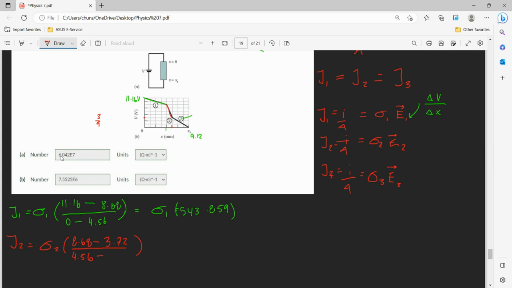So let's find what 5 out of 8 is. So 5 out of 8 times 9.12 would give that section there.